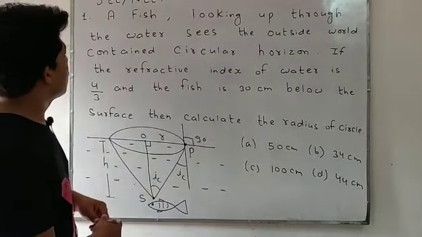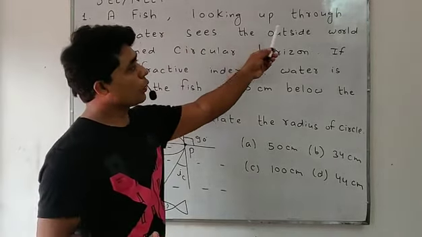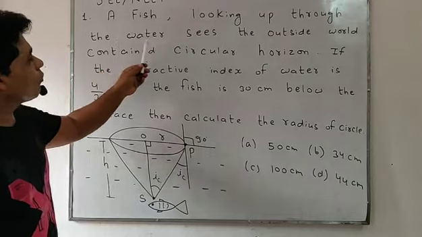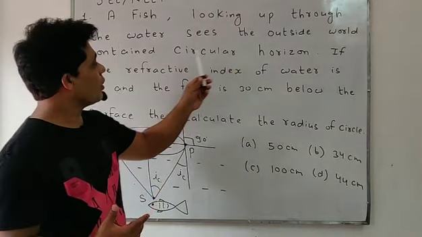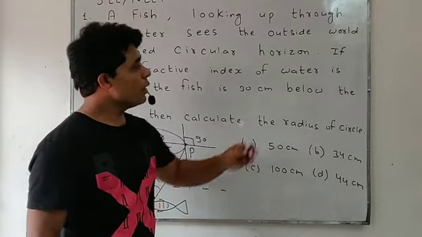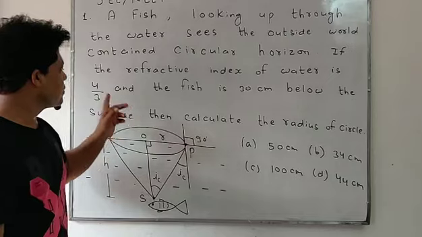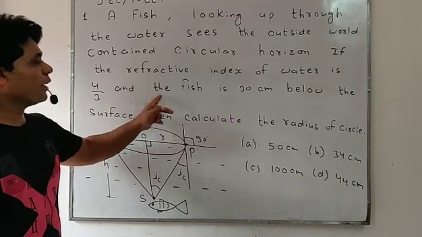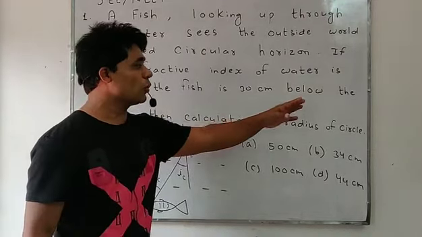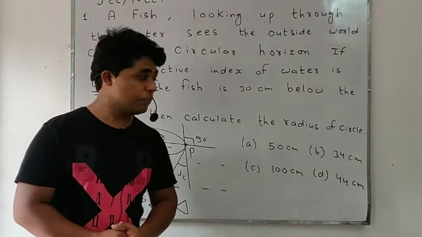See students, I'm going to explain the language of this question. A fish looking up through the water sees the outside world contain circular horizon. If the refractive index of water is 4/3 and the fish is 30 centimeter below the surface, then calculate the radius of circle.